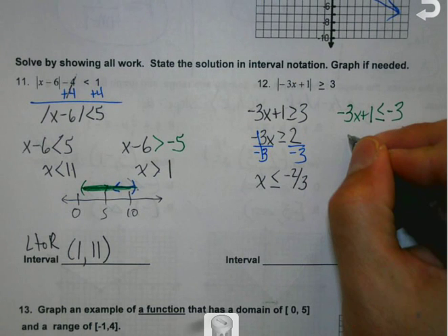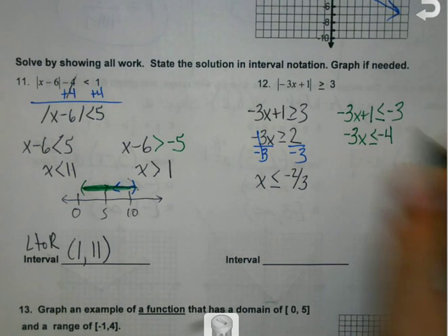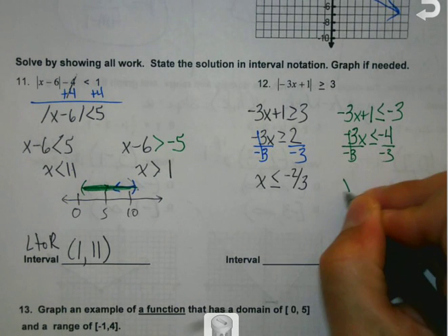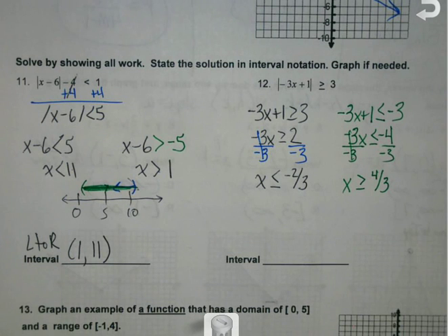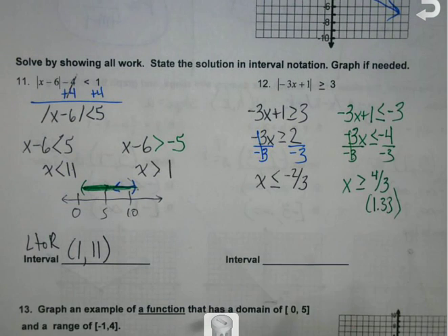Same deal over here, minus my 1 over. Divide by a negative, which means I have to flip the arrow. And again, if you wanted to go to the decimal, 1.33. I'll put them below here, so in case you want to do that, you can.